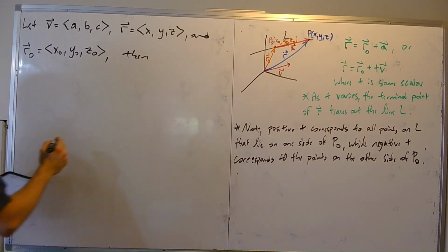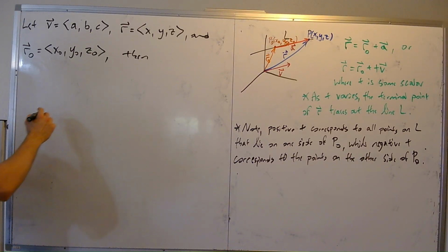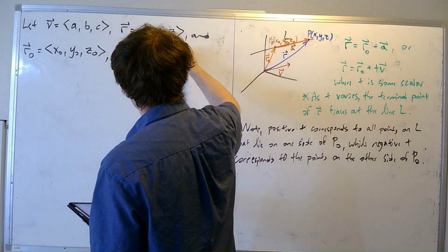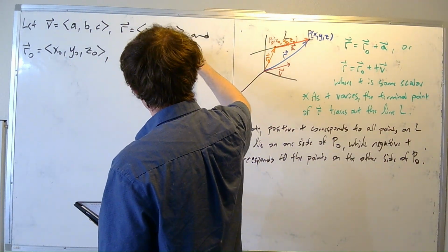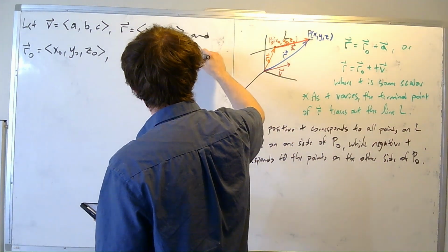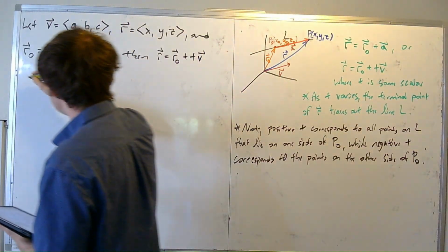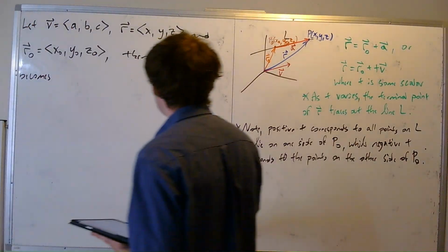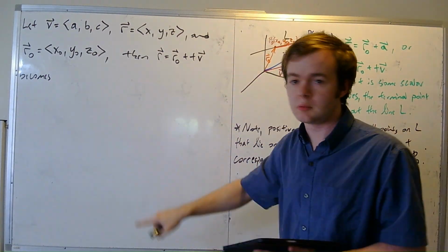Then what we can now write is, well, we know the equation we wrote down on the right there was R equals R0 plus T times V. So that'll become, if we just expand out, so we just plug in what we know for each of these.